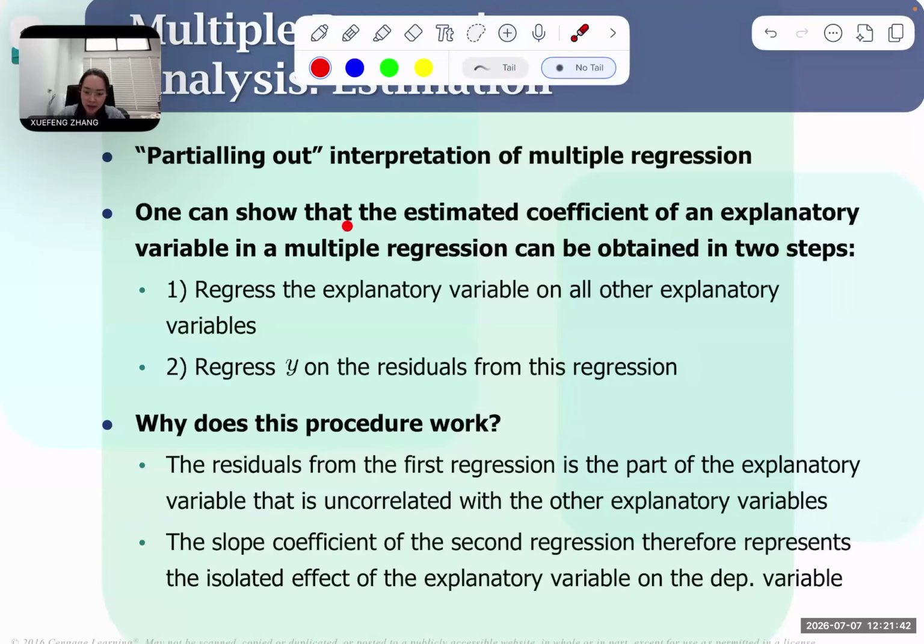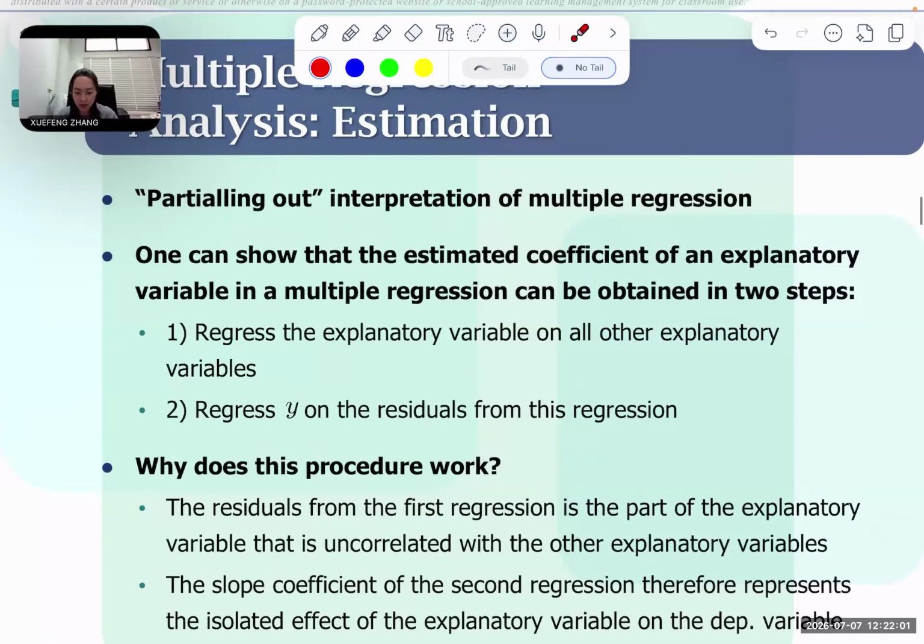This slide finally explains how OLS manages that holding-other-variables-fixed trick, the mechanics behind it. Take a two-step recipe for getting beta 1, the coefficient on x1.